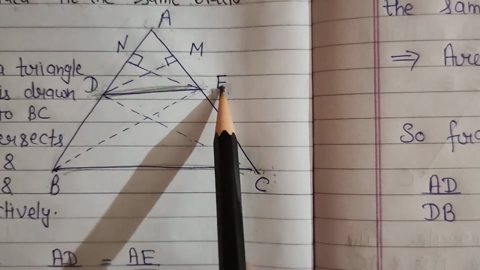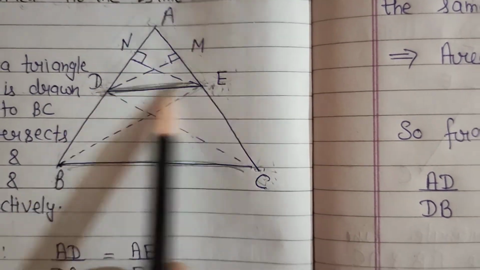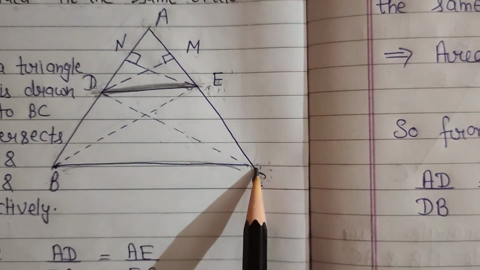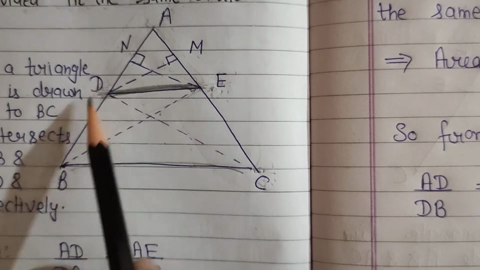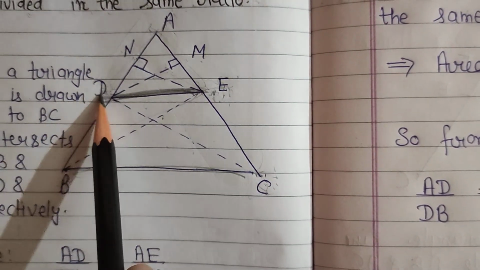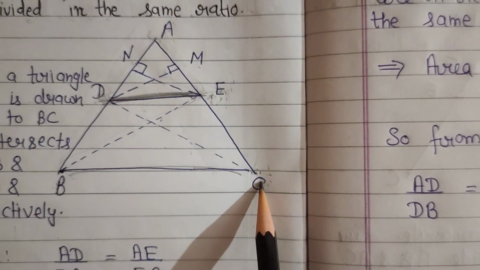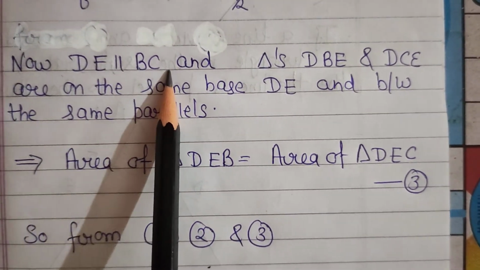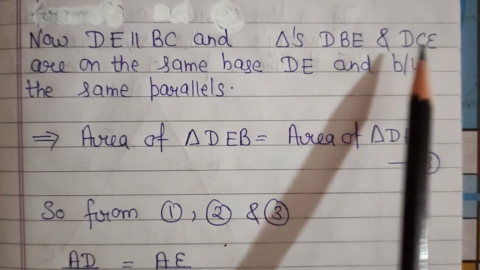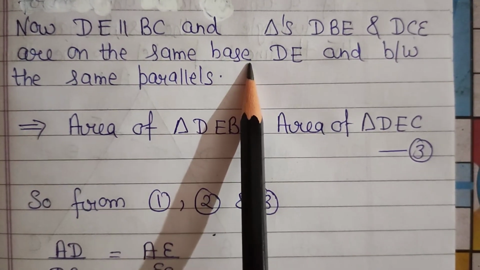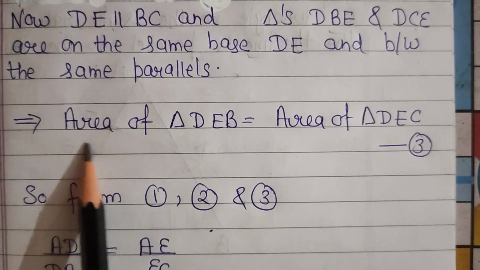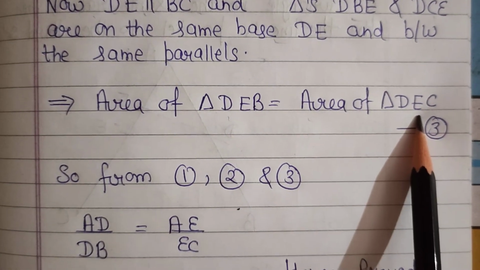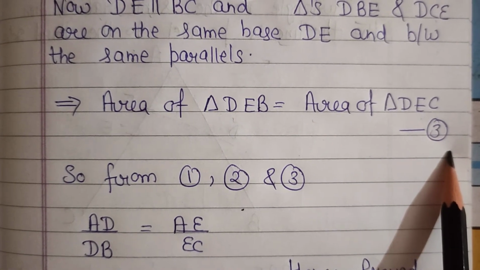Here DBE and DCE both are on the same base DE and between the same parallels DE and BC. So we can say the area of DBE and the area of DEC are both equal. So here I have written: DE parallel to BC, and triangles DBE and DCE are on the same base DE and between the same parallels. So the area of triangle DEB is equal to the area of triangle DEC. I have taken this as equation 3.